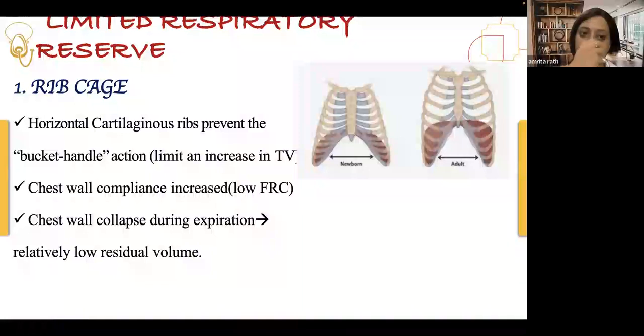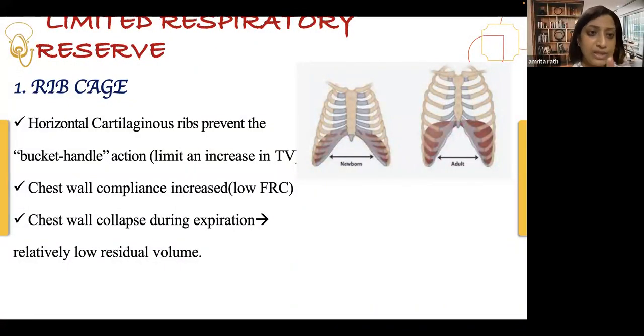And their chest, the lungs and the chest wall always move in opposite directions. When we inspire, the lungs try to expand, the chest wall tries to move inward. So it will not let the lung expand indefinitely. And the reverse happens during expiration. Here the chest wall compliance is very much increased.